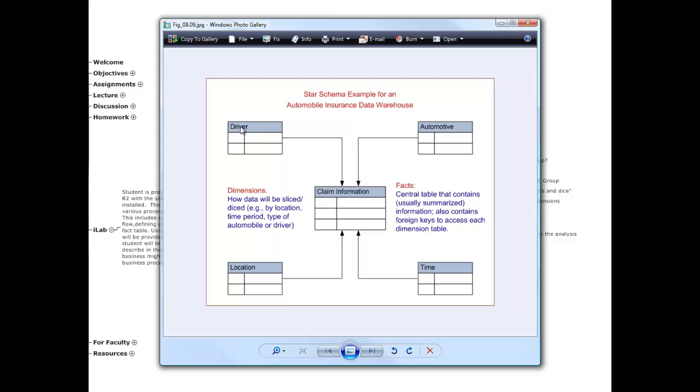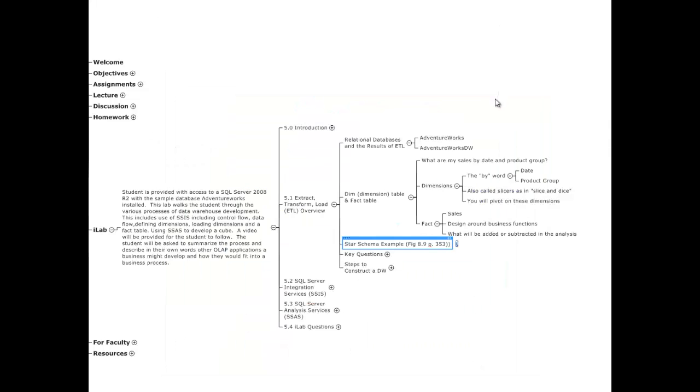Say each row would be a driver, in this case, information about the automobile that was being driven, information about a specific location, information about time itself. So we would be able to slice and dice along any one or combination of these four and get information out about our particular claims or answer the questions we're interested in.